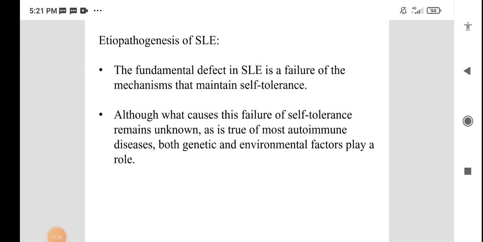Etiopathogenesis of SLE. The fundamental defect in SLE is a failure of mechanisms that maintain self-tolerance, although what causes this failure of self-tolerance remains unknown. As is true of most autoimmune diseases, both genetic and environmental factors play a role here.